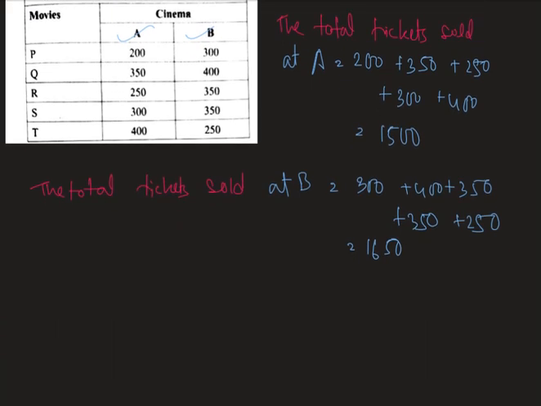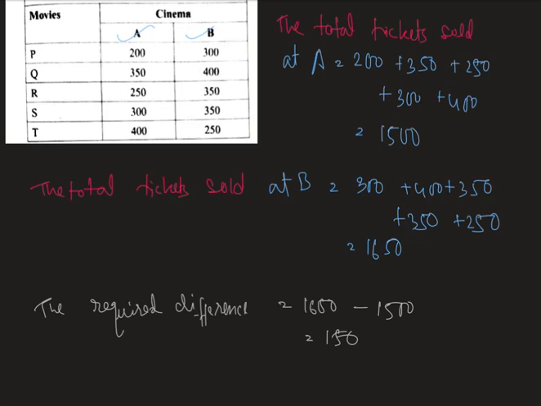Therefore the required difference is equal to 1650 minus 1500, which results in 150.